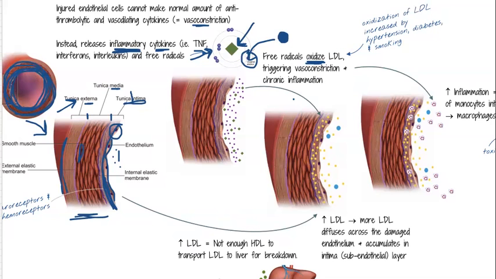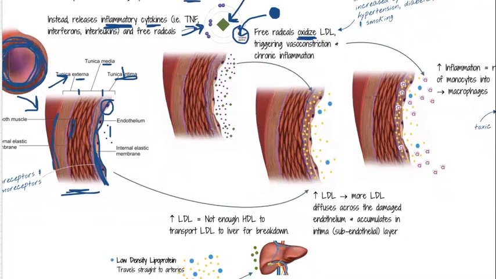So let's talk about where those LDL have come from. Those LDL are already in your blood. If you look here in this drawing, the yellow ones are representing the LDL floating around in your bloodstream.